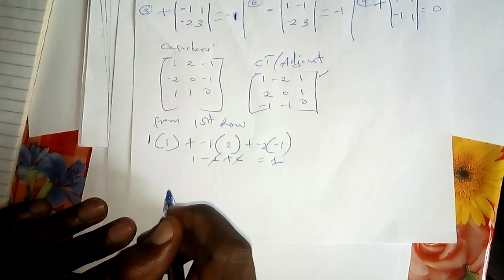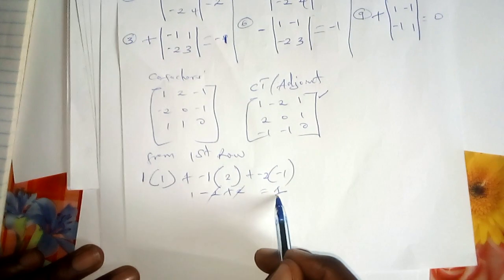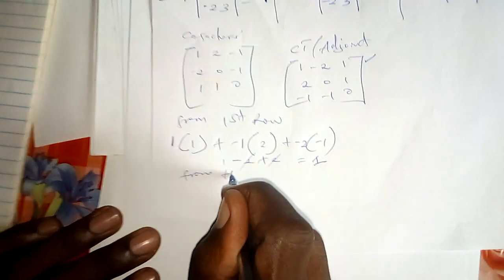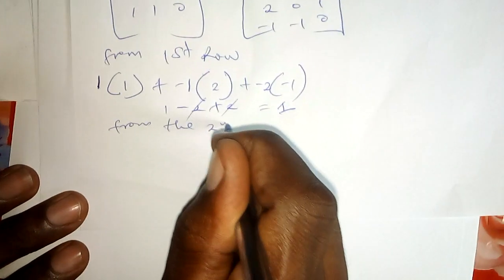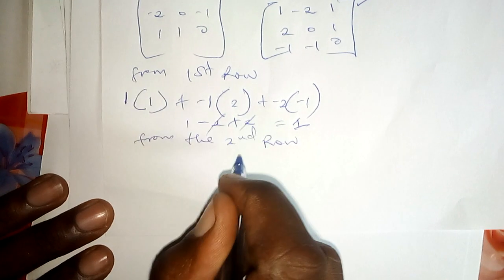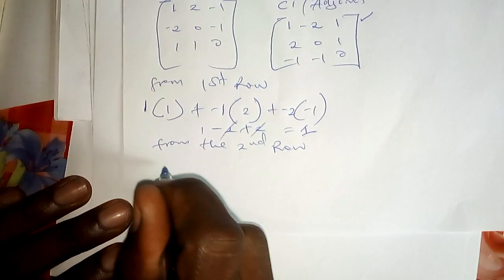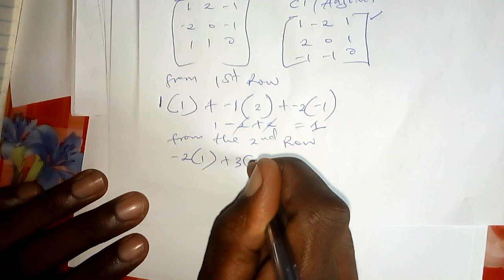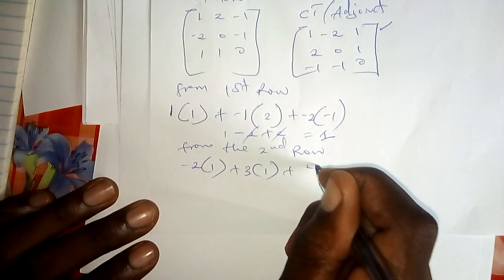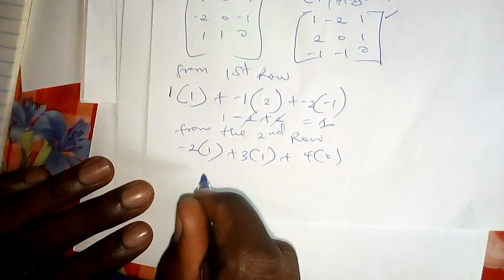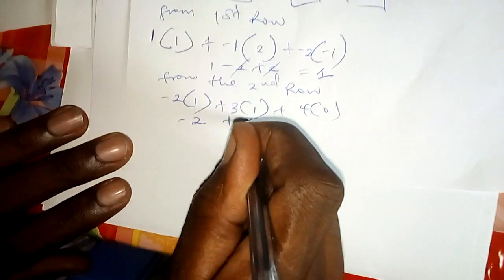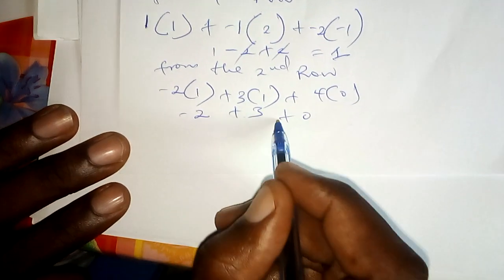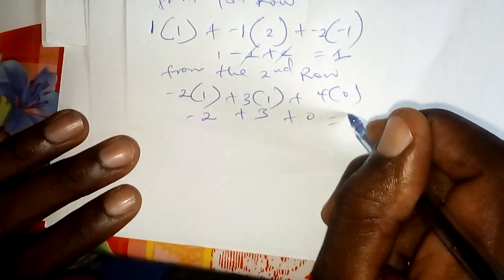Let us prove our determinant from the second row. From the second row, we say it is -2, 1 plus 3, 1 plus 4 into 0. It is -2 plus 3 plus 0, that is 1.